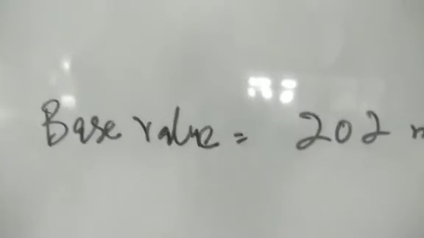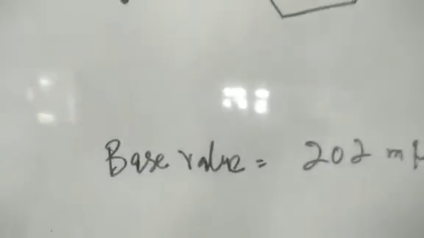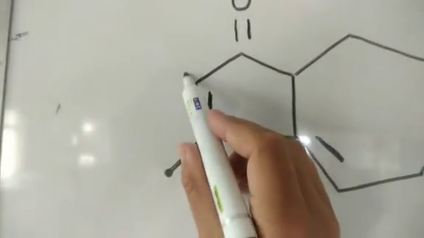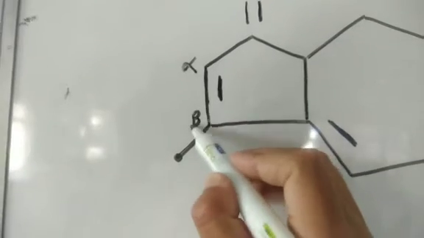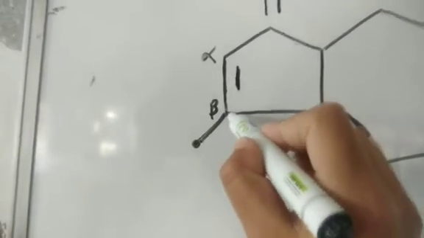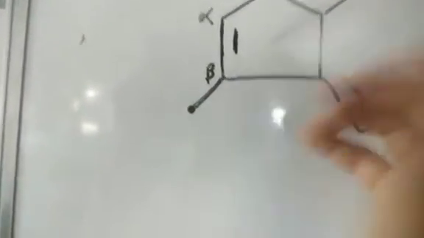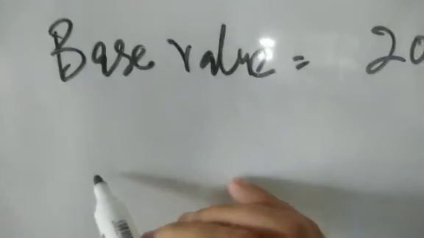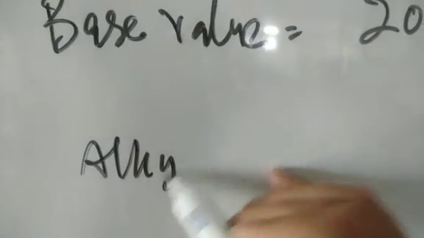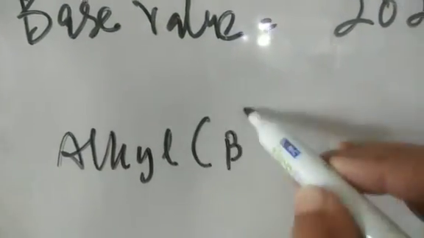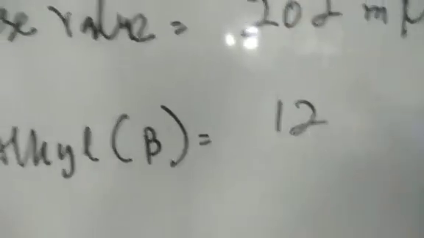Fine. Now the substituents come into play. So this is your alpha, this is your beta. There's a substituent at the beta position. Now a substituent at the beta position contributes 12, we know that. So we have an alkyl substituent at the beta position, and because of that the contribution is 12.